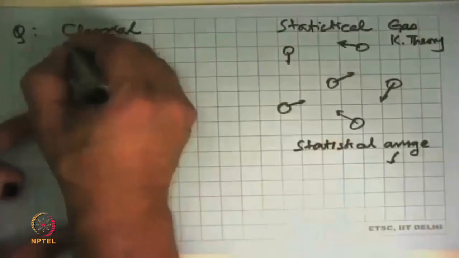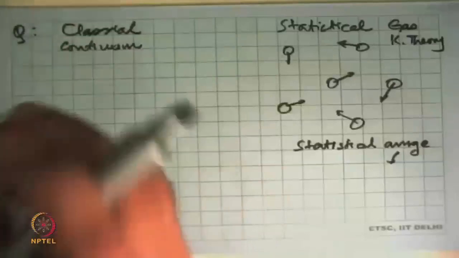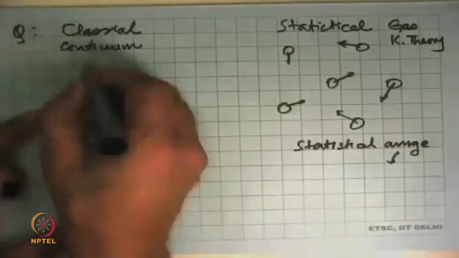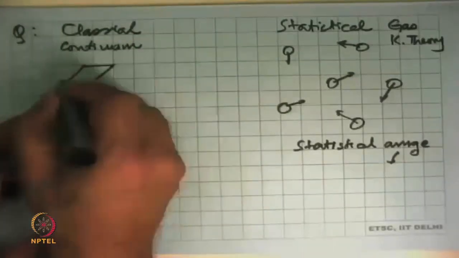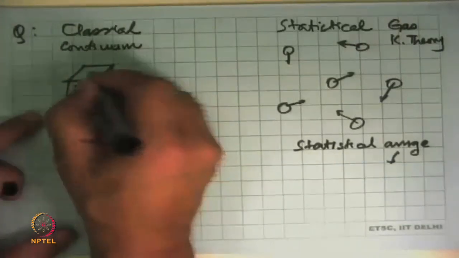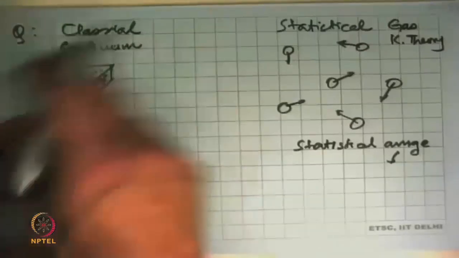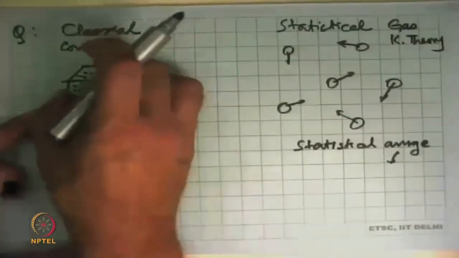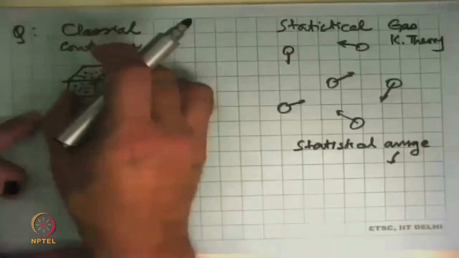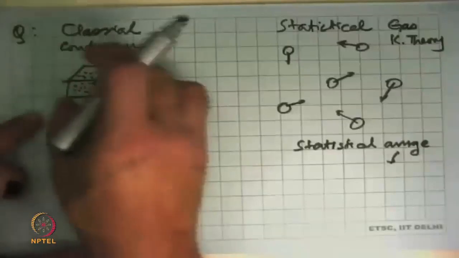We will make the assumption that we are looking at a continuum, which means that the smallest element of the substance that we consider, and one can approximate this, say, as a cube, has enough molecules or atoms in it that the statistical average of this is good enough to tell what the entire element is all about.